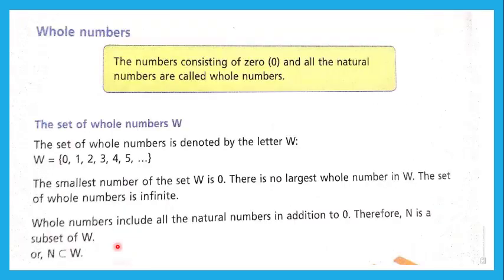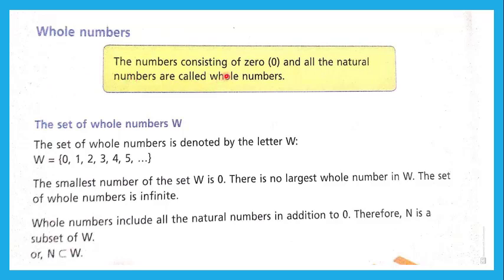Now after the natural numbers, there comes another type of numbers which we call whole numbers. What are whole numbers? Whole numbers are actually natural numbers plus 0. In natural numbers there is no 0, but in whole numbers we include 0 as well.